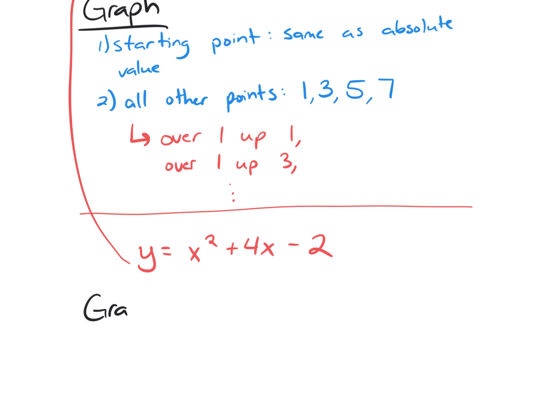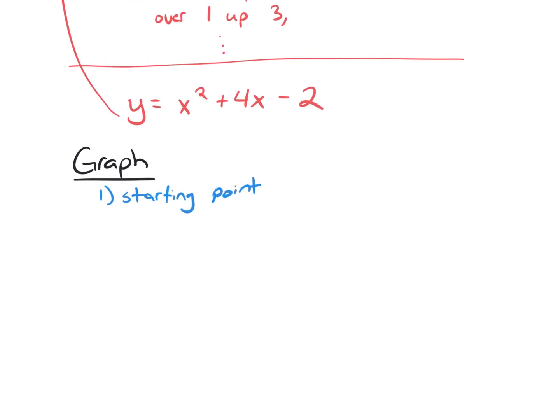So to graph this one, how do we get our starting point? There's a specific equation we're going to use. ABC. Yep, we're going to do the ABC. It's our x equals negative b over 2a. You use this method if it looks like that equation.